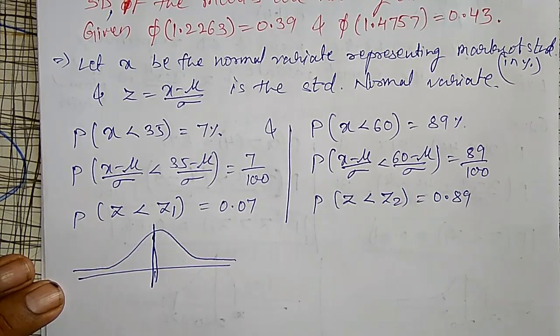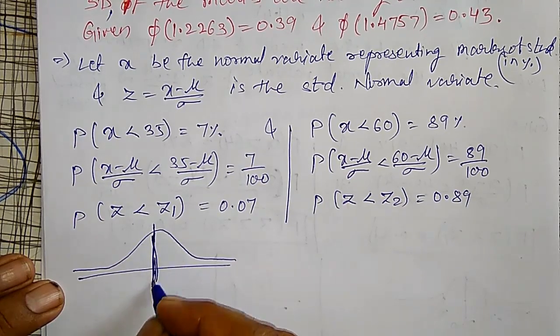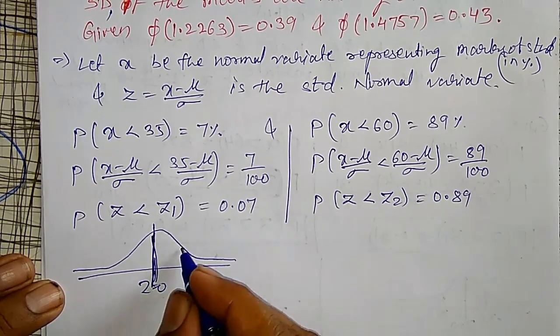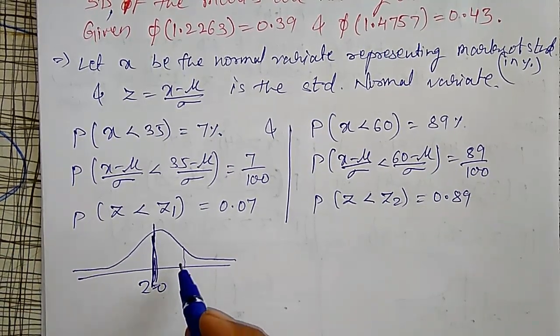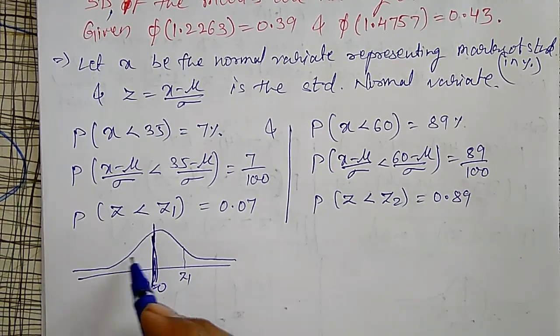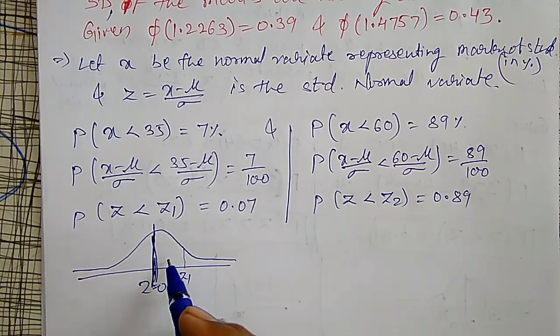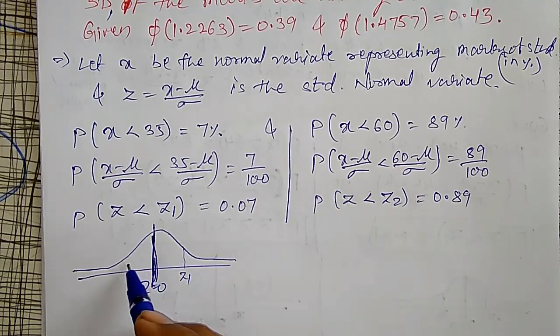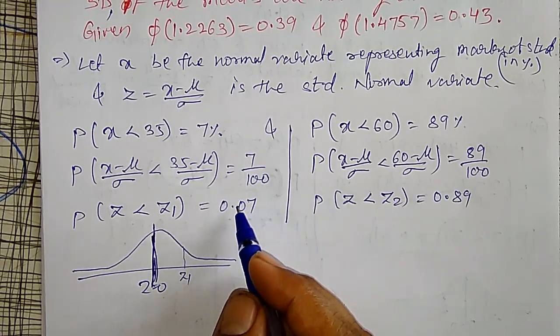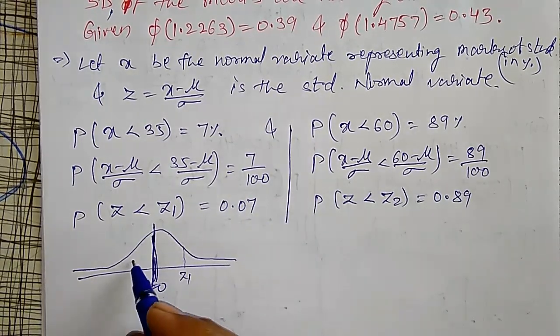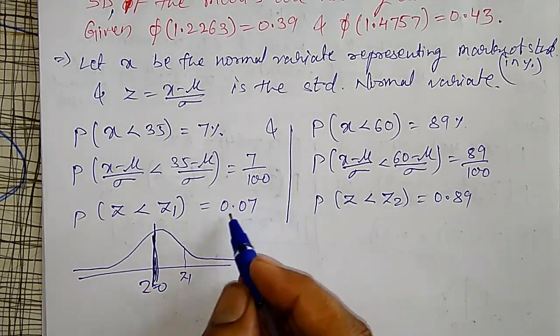If I am selecting z1 on the right side, positive, this is z equal to 0, z equal to z1. Then the total area for less than this is 0.5 plus this area, whatever that area is, but the total area should be 0.07. 0.5 plus something is more than this.